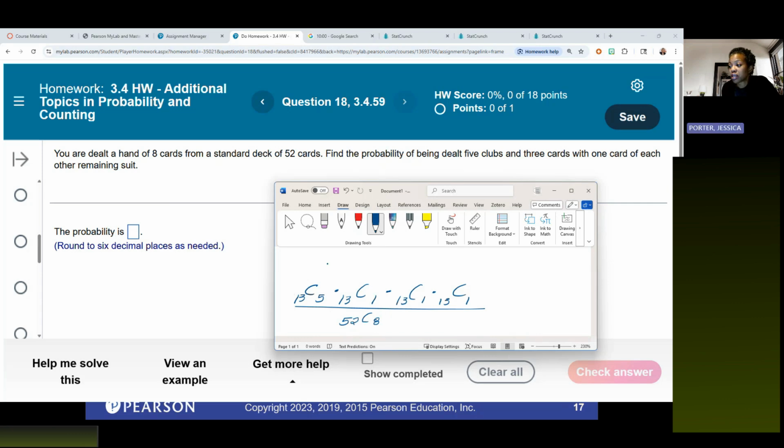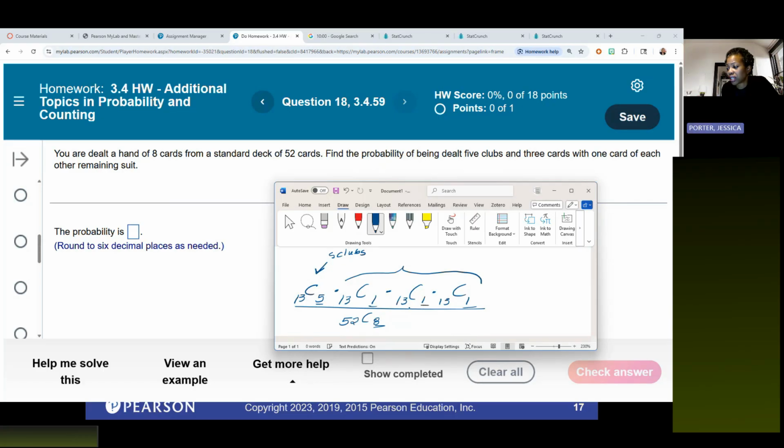So here is the probability of being dealt 5 clubs. And these are 3 cards with 1 card of each of the remaining suits. 1, 2, 3 cards. Notice 5, 6, 7, 8 is here.